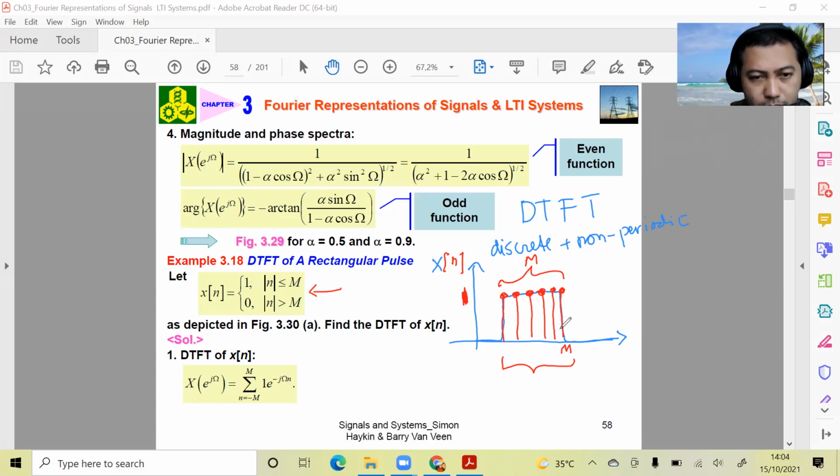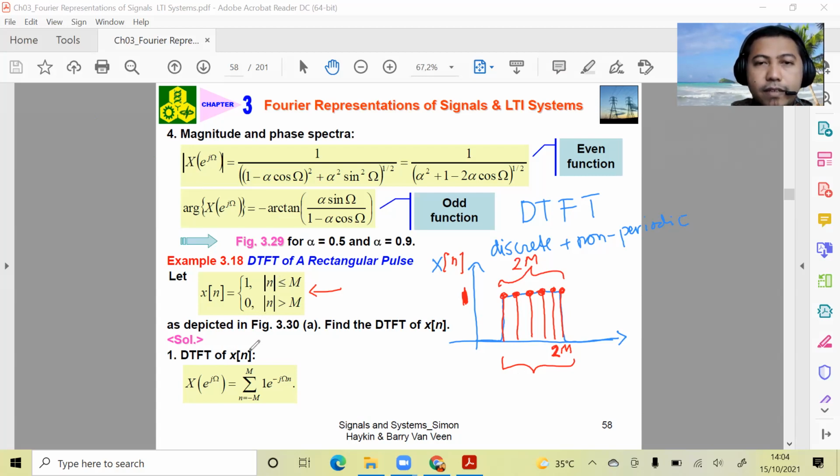Sorry, I think I made a mistake. This is double M. So the total is double M. Why double M? Because n is absolute.